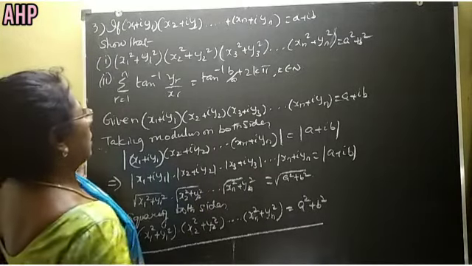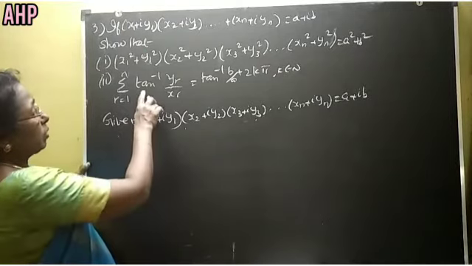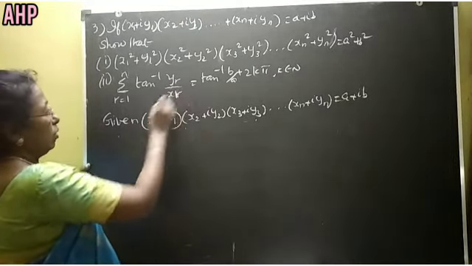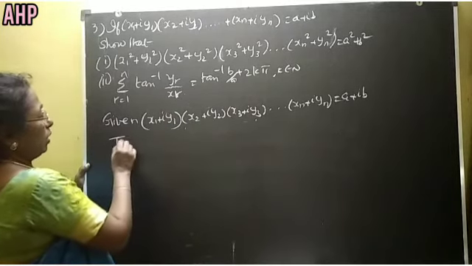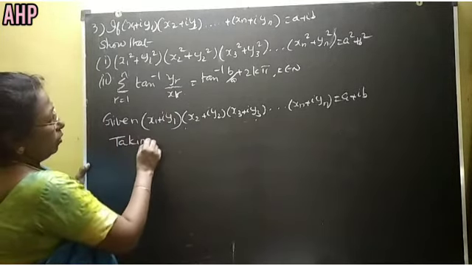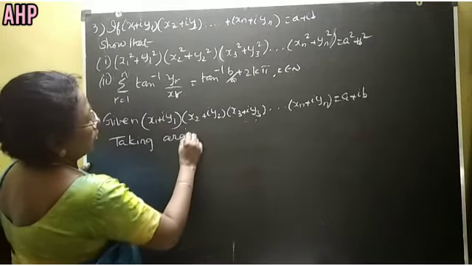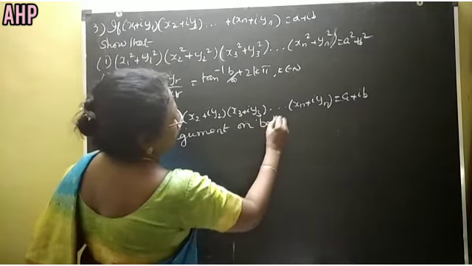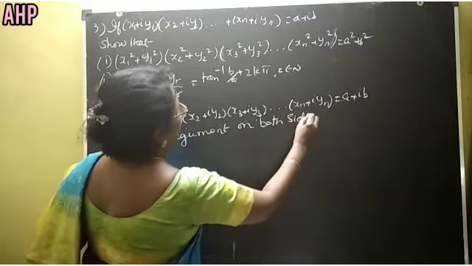Now to prove the second part, we are going to take r, because tan inverse yr by xr is nothing but the argument. Therefore, we are going to take argument on both sides. What do we get?